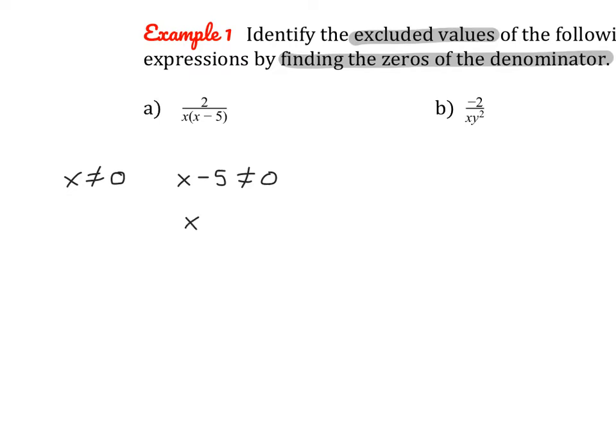We'll solve it like a normal equation. X cannot equal 5. So we have two excluded values. X cannot equal 0 or 5, because those are the two times when our denominator would be 0. Essentially, you take any factor in your denominator and you say that it cannot equal 0.